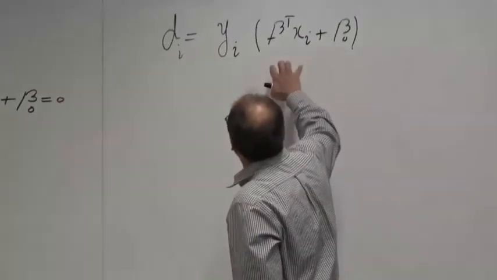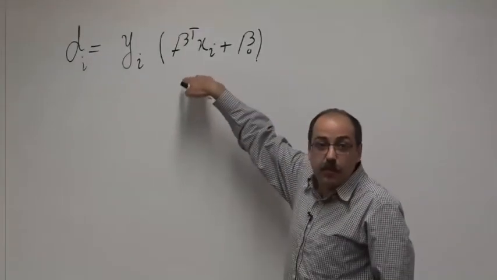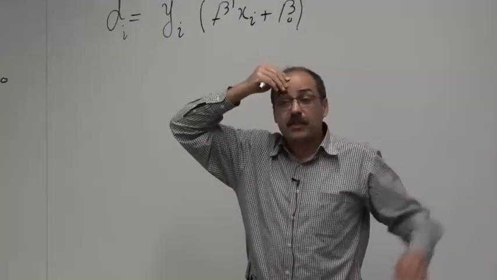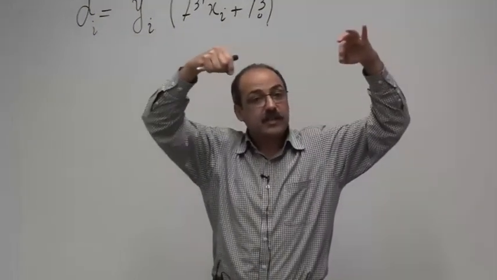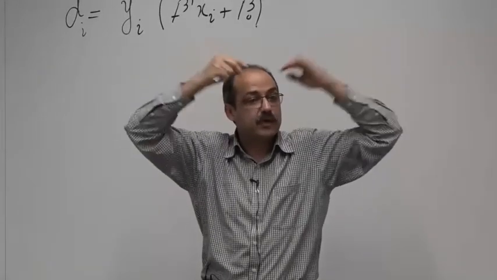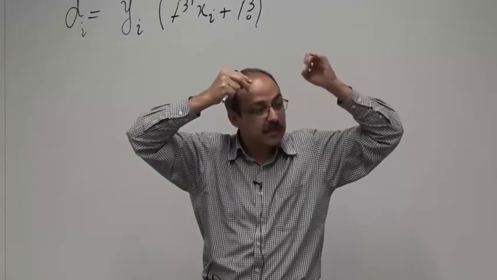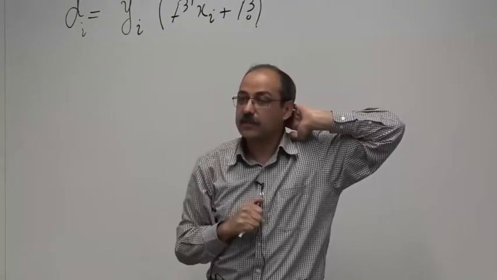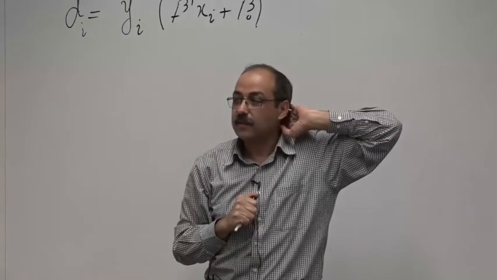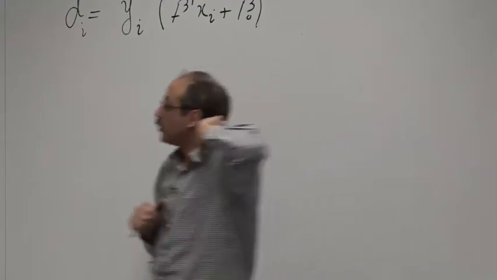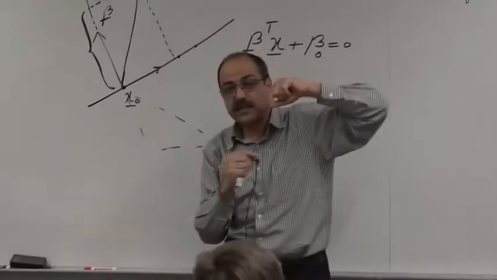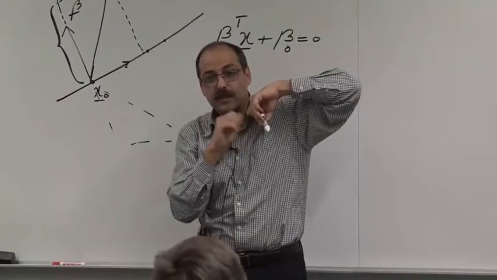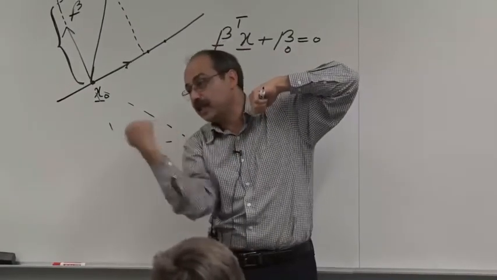Okay, this is the distance of a point to the hyperplane. So remember what was our cost function? Summation of all distances of misclassified points. Points that are misclassified are on the wrong side. Right? So the sign needs to be flipped. The positive label is on the negative sign.